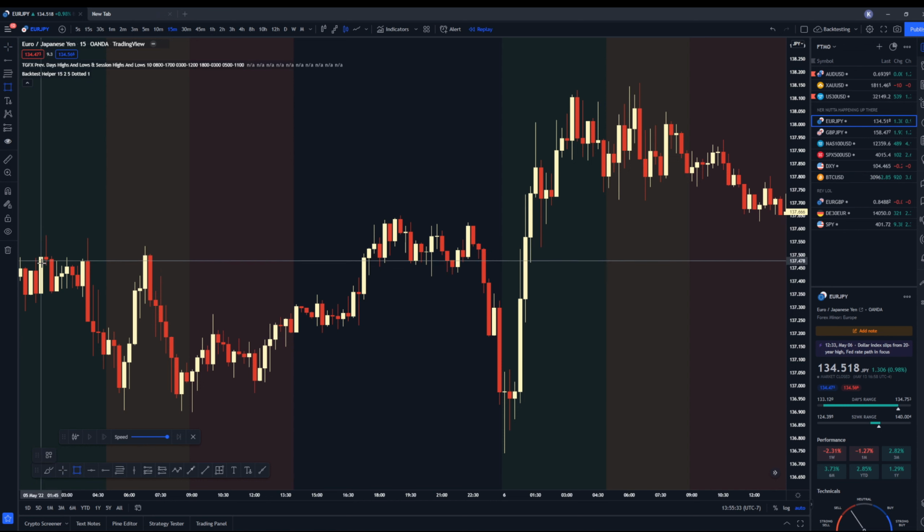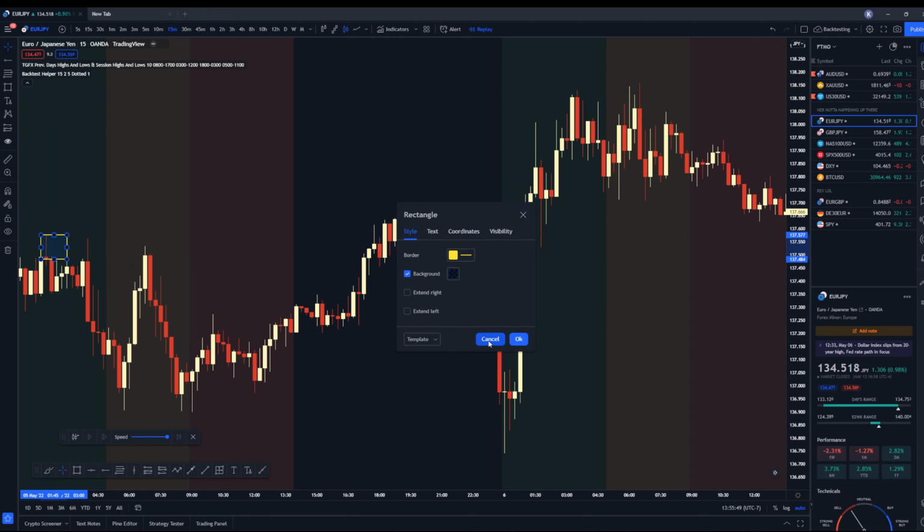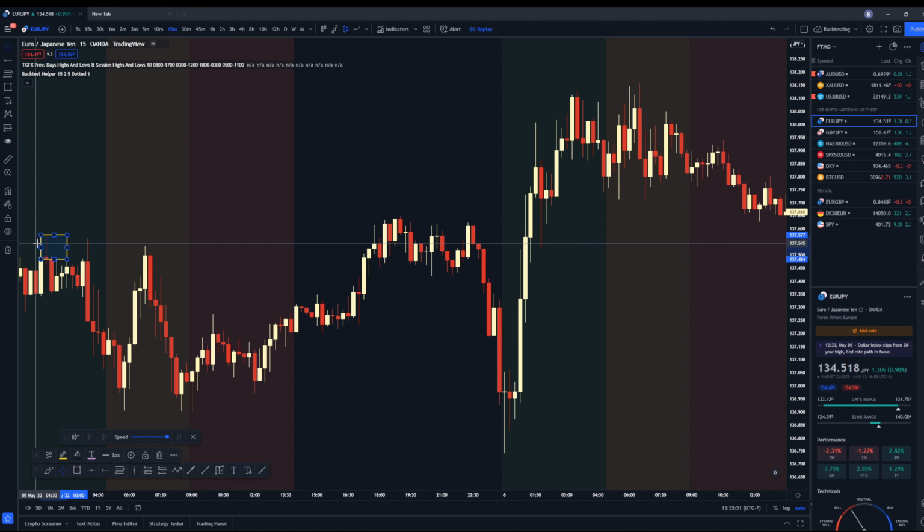Now, when I see this, what I usually do is take the wick of the opposite color candle to the top wick. Sometimes I'll do the body. It just depends, and this is where the subjectivity comes in. It depends on how accurate you want to be with it.